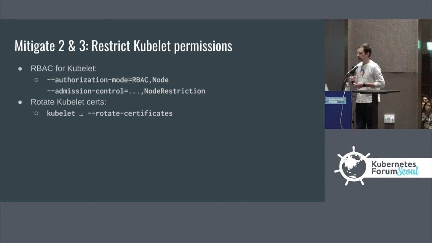This creates a special RBAC role for a node that restricts things like reading secrets on the node to only secrets that are attached to pods that are assigned to that node, for instance. So a node can't just read any secret in the cluster. It can only read the secrets that it's allowed to see. And so this limits a little bit what you can see from the node.